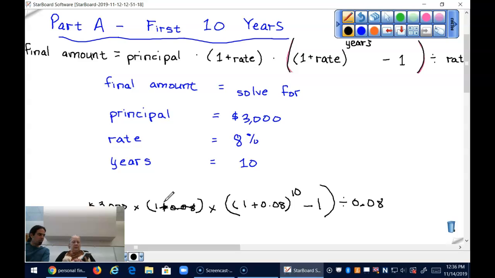Yeah. 1 plus, close one of them. No, just go back one step. Then do your Y to the X key, 10. Subtract 1. Yep. Now move to the other. Then divide it by.